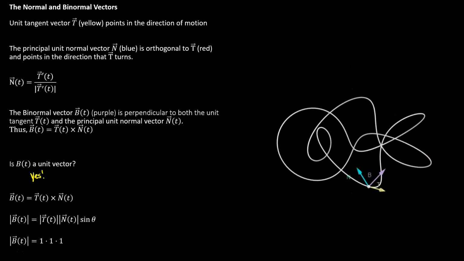You can see the yellow unit tangent vector is pointing in the direction that we're moving along the curve. The blue vector is pointing in the direction that the yellow vector turns. And the purple vector, the binormal vector, is really describing a tilt, so to speak, and it's orthogonal to both the yellow and the blue vectors. So we have this new moving frame of reference called the TNB frame.